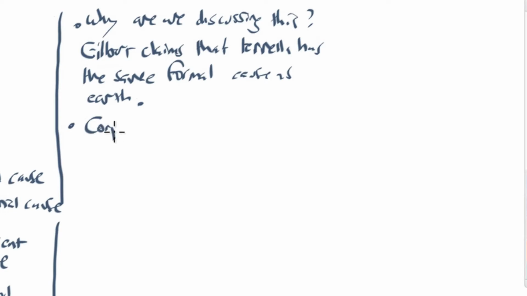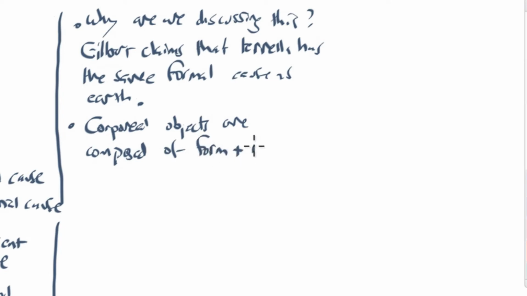So corporeal objects, things you can touch, are composed of both form and matter. Okay, this, by the way, if you're interested, is a doctrine called Hylomorphism. It's a Greek word. Morph means form, hyle means matter. It's technically more like wood, but it's basically matter and form. Okay, corporeal objects are composed of form and matter.